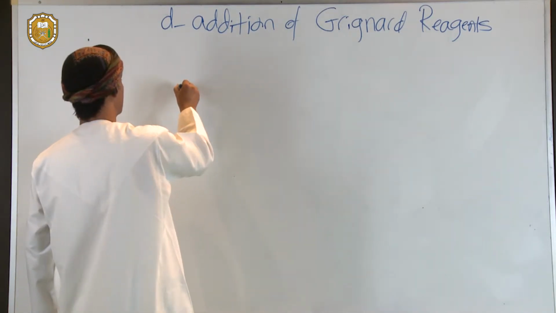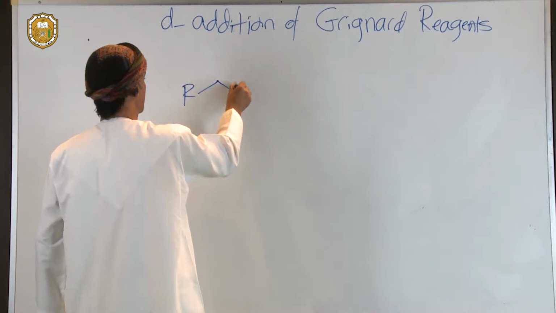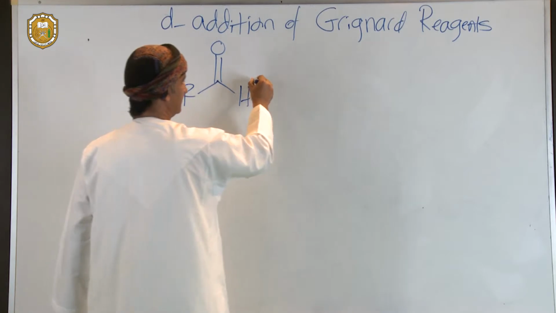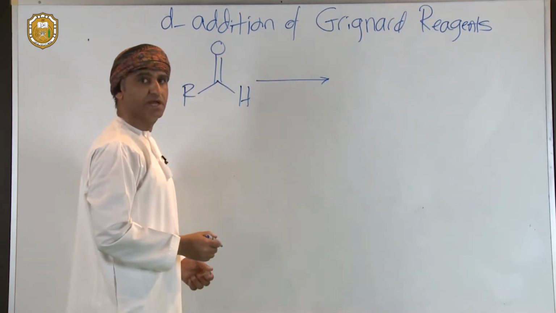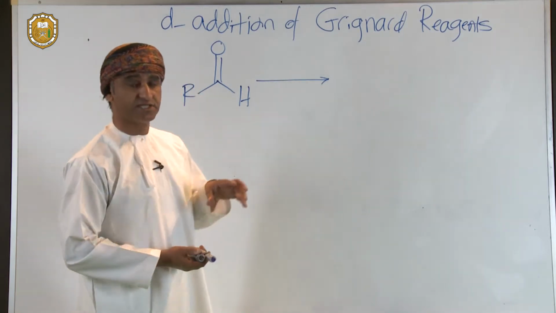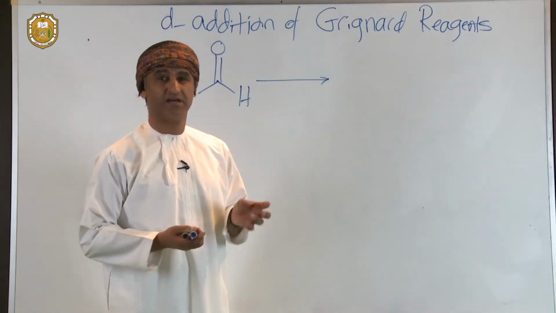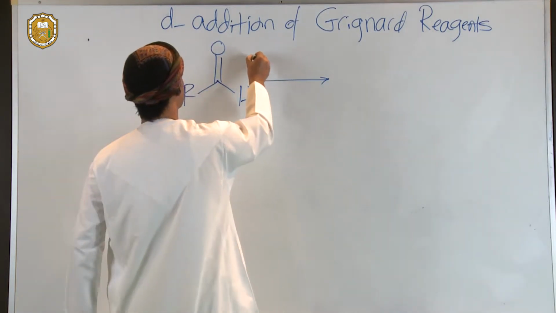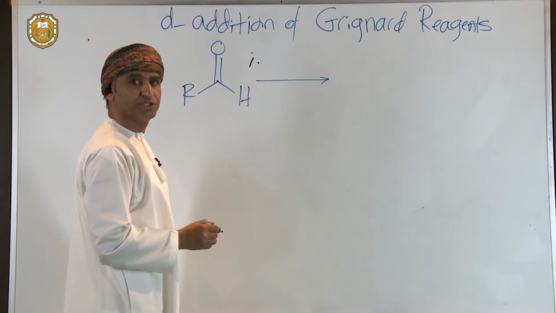If we do a general representation for the reaction, for example, that's an aldehyde. If you react it with a Grignard reagent, and if you remember, Grignard reagents have the general representation of RMgX, where X is a halogen. So there are two steps in this nucleophilic addition reaction.